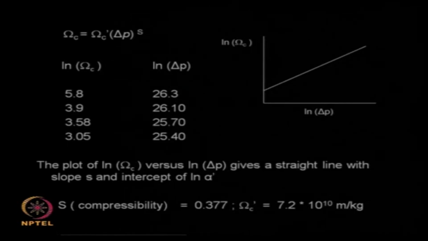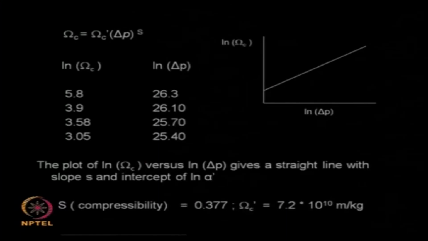So if you are doing a filtration experiment and you want to know whether the material is compressible or not, all you have to do is perform the experiments at different pressures and then calculate the resistance or resistivity, and then plot a graph between the logarithm of delta P versus the logarithm of this particular term, and then see whether the line which you get passes through the origin or not, okay.